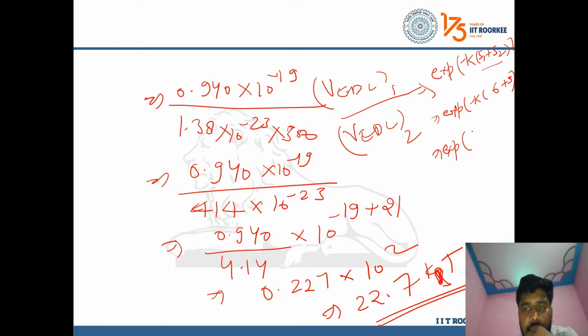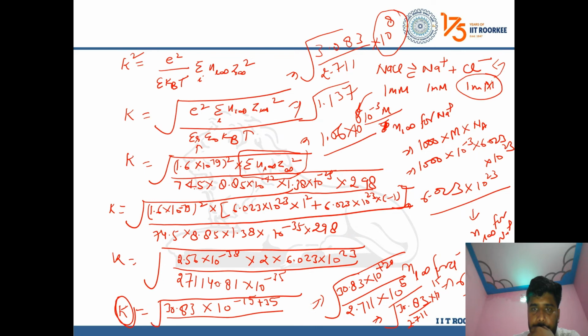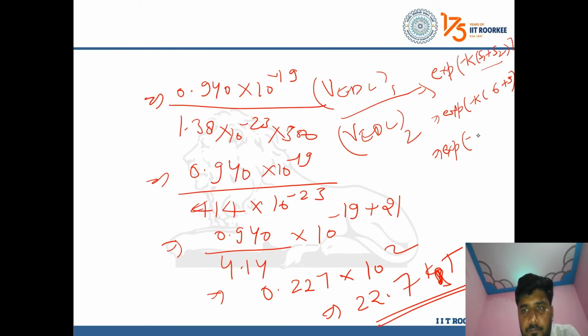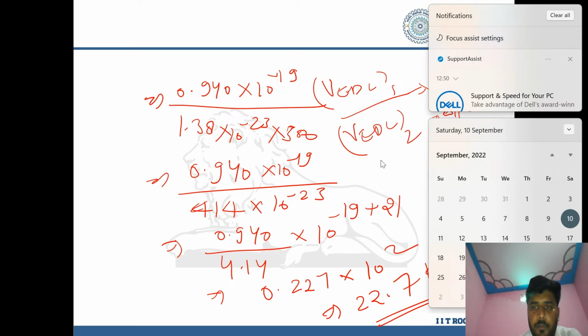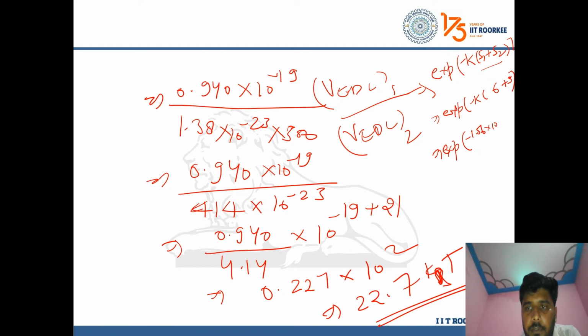Exponential, k value is 1.06 into 10 to the 8, 9, 10 to the minus, exponential will be minus 9.54 into minus 1 or 954.